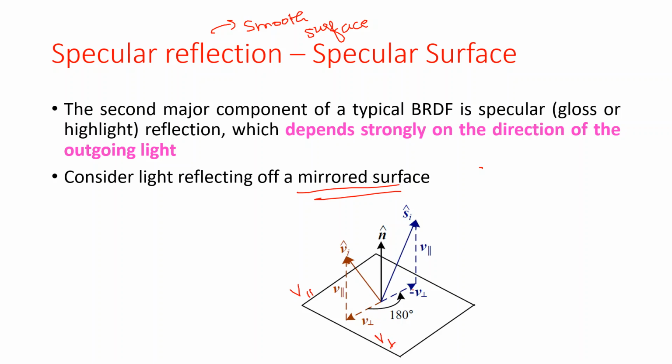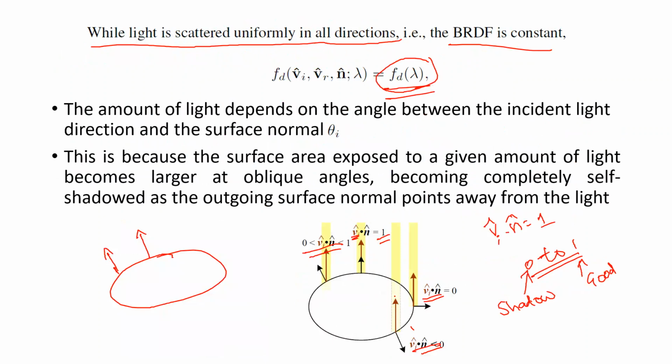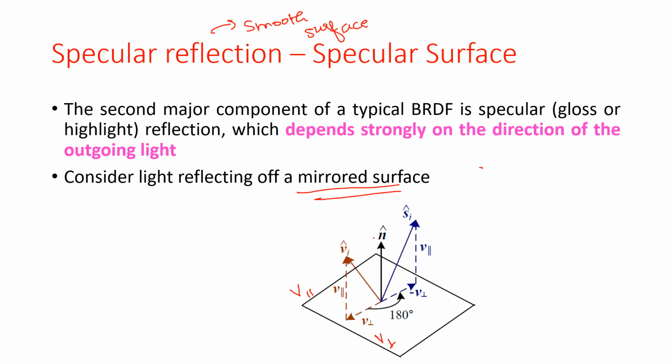The angle between them becomes exactly 180 degrees. But if the surface is uneven, we can't get an exact 180 degree reflection. So in case of a smooth surface, the angle between the perpendicular components of incident and reflected light will be 180 degrees.